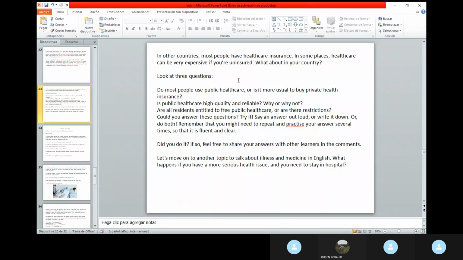Yes, it's a good example. So the people of Villavicencio sometimes travel to other cities. Good example. Thanks, Ruben.